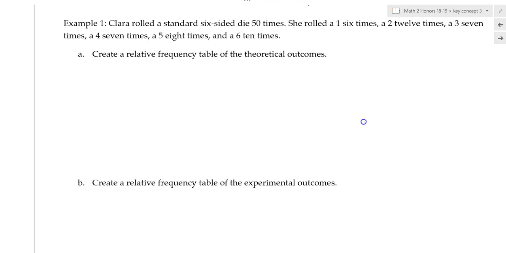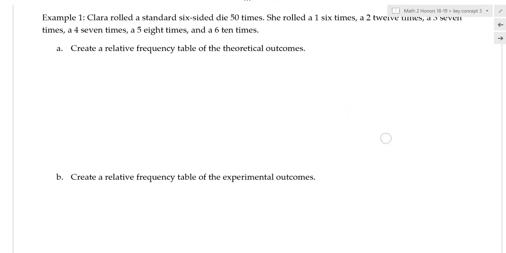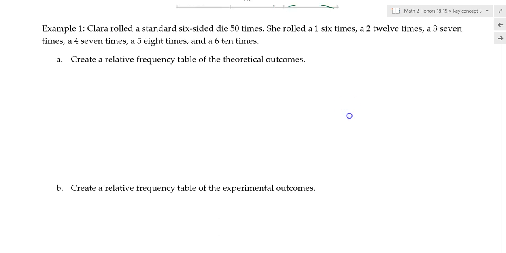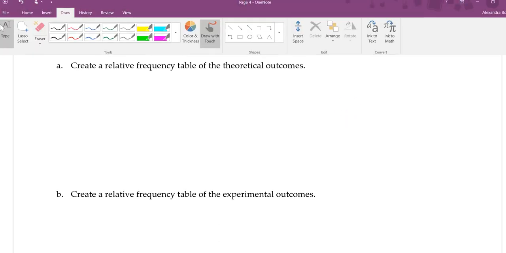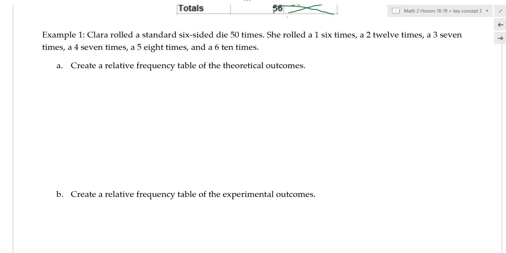So let's look at some examples. Example 1. Clara rolled a standard 6-sided die 50 times. She rolled a 1 6 times, 2 12 times, a 3 7 times, a 4 7 times, a 5 8 times, and a 6 10 times. This one was vertical. I like to create mine horizontally. So this is the number on the die.